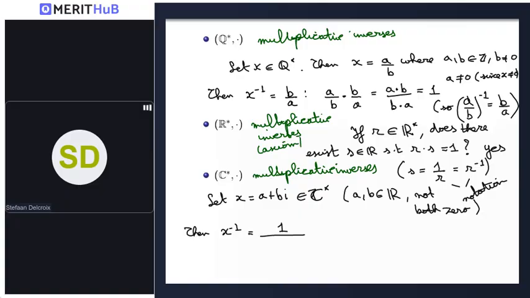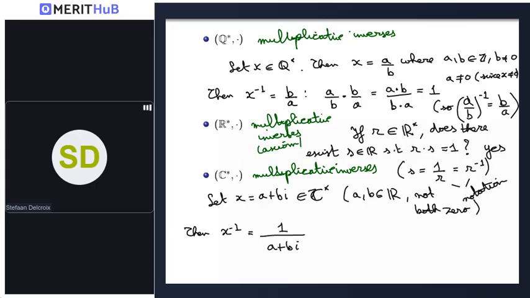You write it as 1 over a plus bi, but that is just a notation. It's a complex number, so that means it should be a real number plus a real number times i. What did we do on day 1 to make sense of this? To see what complex number this is? Rationalize.